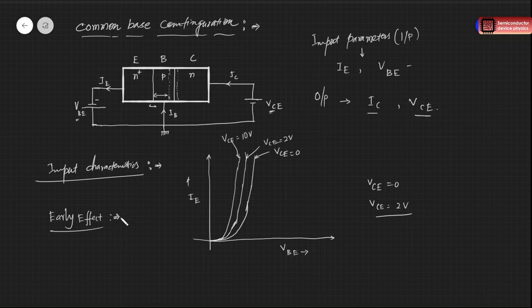Early is the name of a scientist who observed this phenomenon in a transistor, so with his name, this effect is known as the Early effect, or also base width modulation. Because of the Early effect, the emitter current is increasing a little more rapidly as we increase the reverse bias in the collector-base junction.